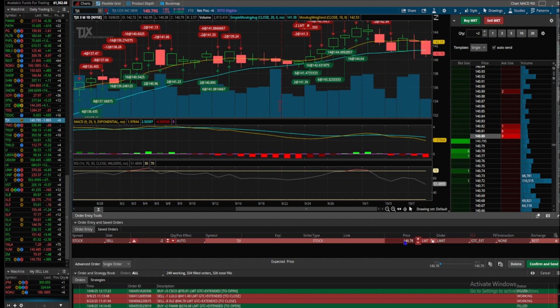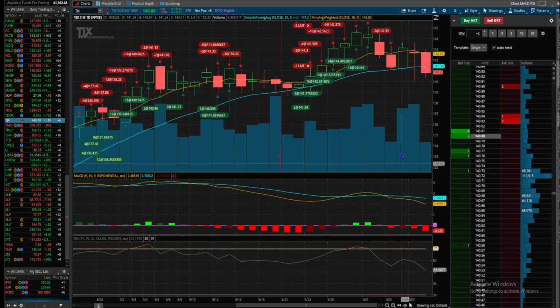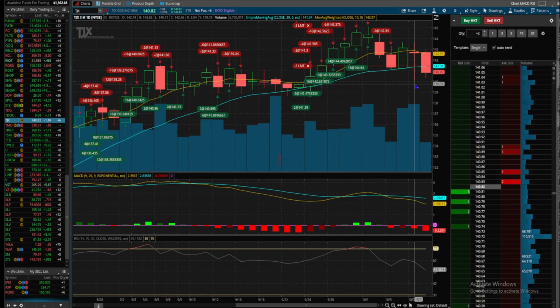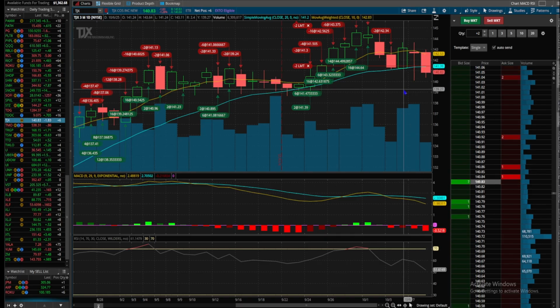We're going to add 10 cents to the 141.34, make it 141.44. So 141 and 44 cents. Good till cancel, extended hours, confirm and send. And now we have 4 shares already sitting in sell orders ready to be sold if price jumps back up and goes in the upward direction.